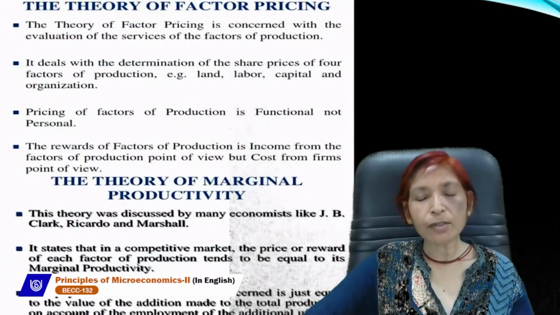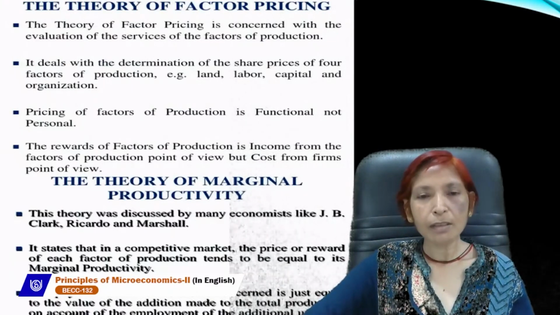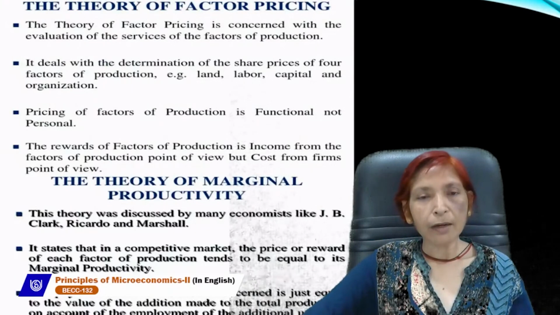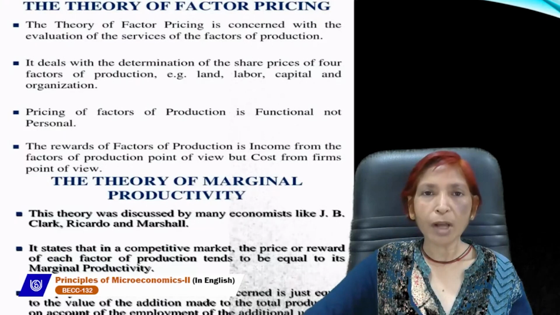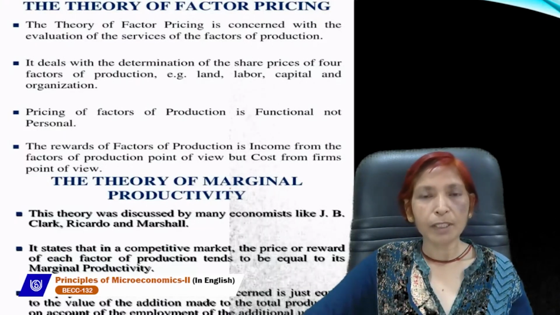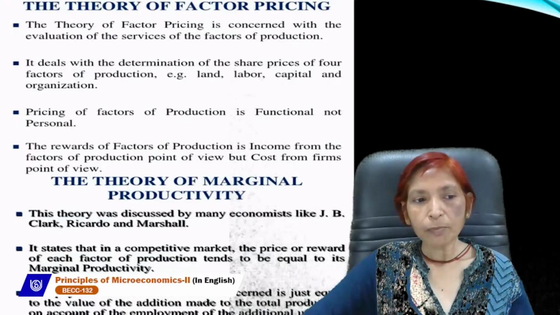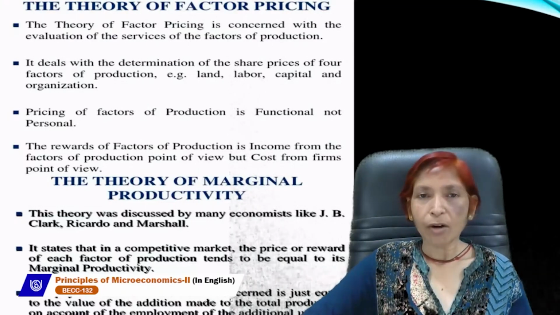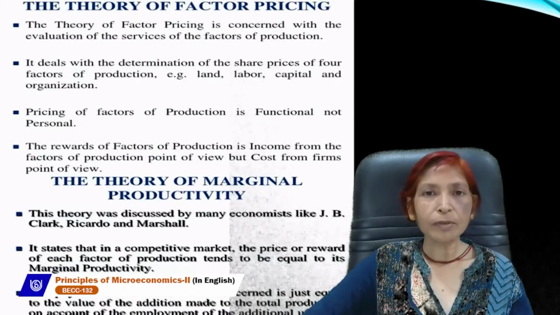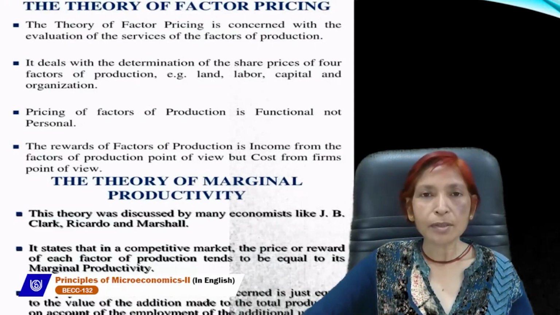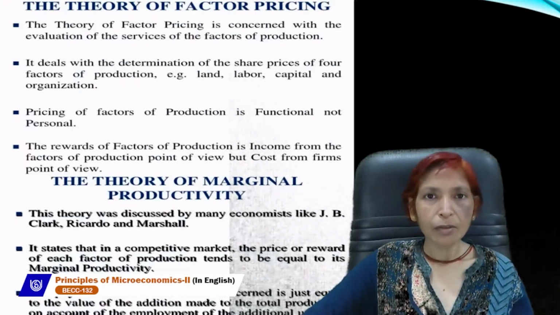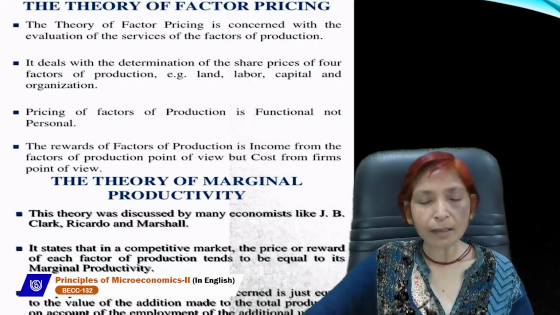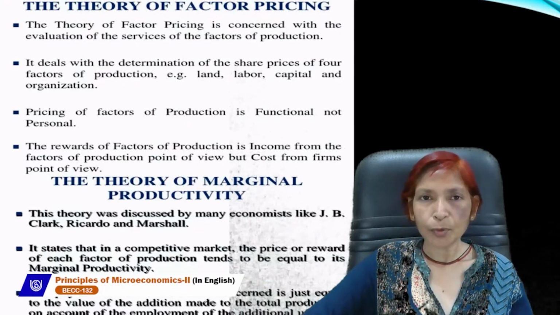So pricing of factors of production is functional, not personal. The reward of factors of production is income from the factors' point of view, but cost from the firm's point of view. According to the factors' point of view, rent, interest, wages, and profit are the income or reward of all these factors of production for providing their services in the production process.